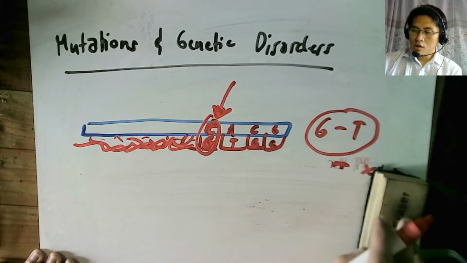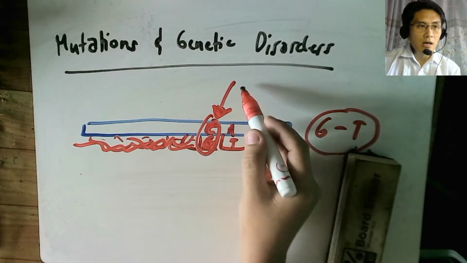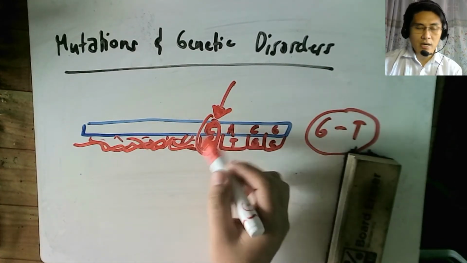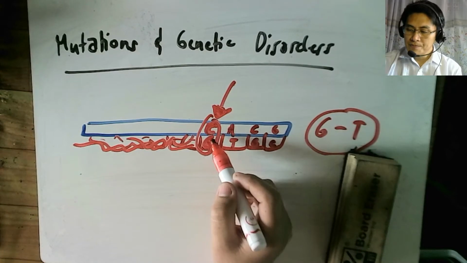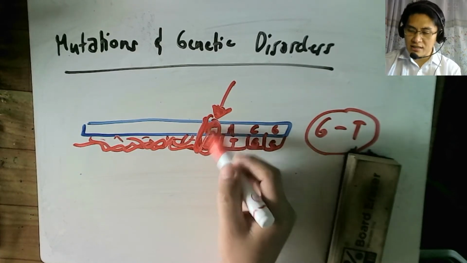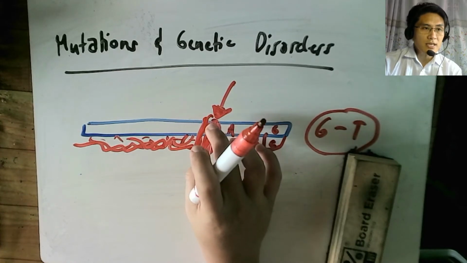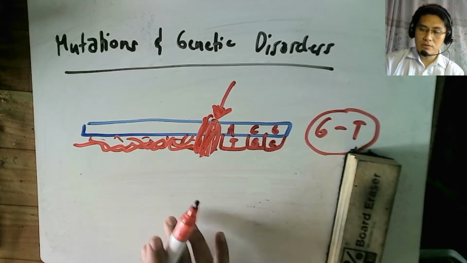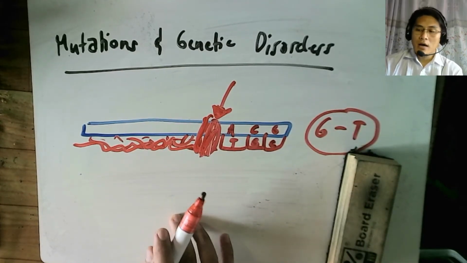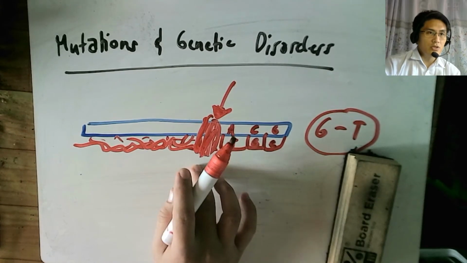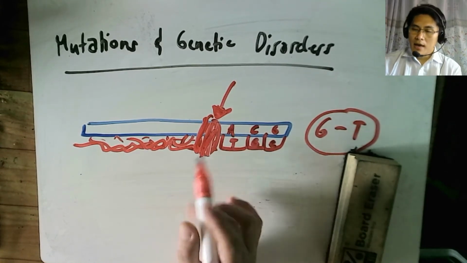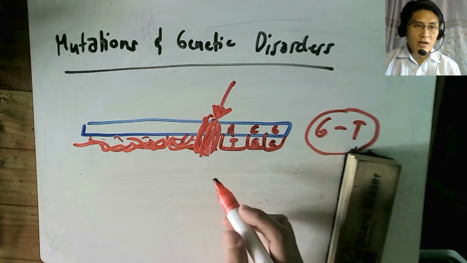It could also happen that when the checking happens, the DNA would say, this is wrong, so let's just cut it out. If you cut that out, then one letter is deleted, so that's a deletion. The first one that we discussed is substitution, then you could have a deletion, and then you could have an insertion.